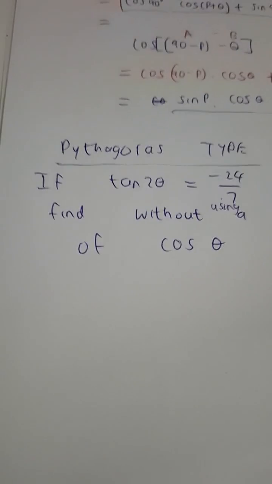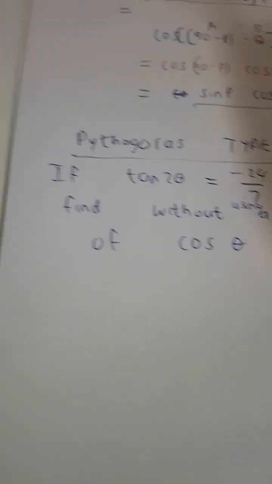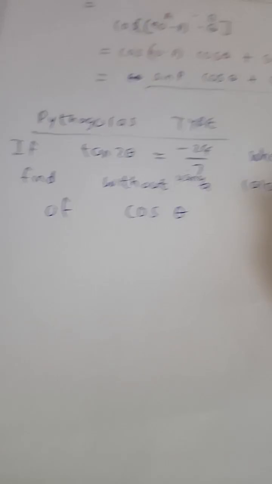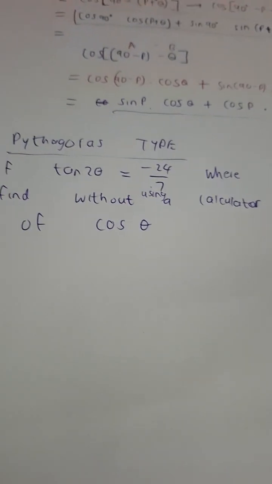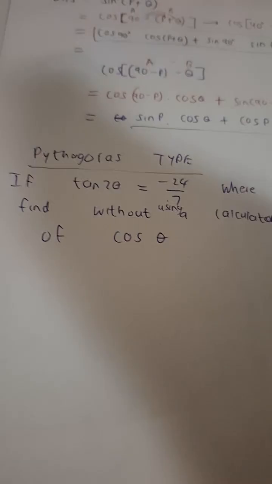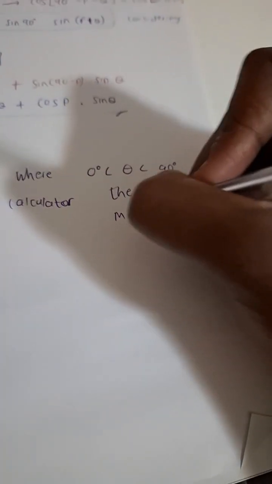So this is a section of work covered in grade 10 and 11, but in grade 12 it comes up because obviously we now also have the knowledge of double angles. So the way we go about answering such questions is, there's a method, obviously. The method involves the following.